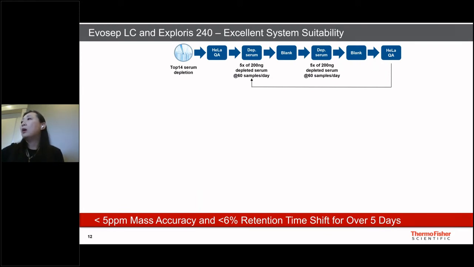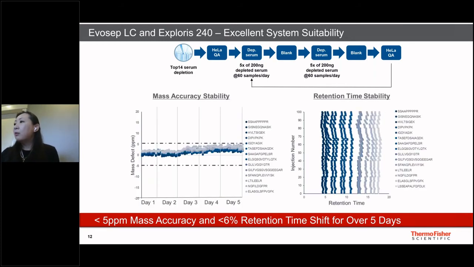Here is an example of the study design we use to run control pool serum. We include 100 nanogram of HeLa digest lysate from Pierce as the quality assurance run to monitor the system suitability. Both HeLa and depleted serum samples are spiked in with the PRTC peptide standards to monitor the mass accuracy and the chromatographic stability.